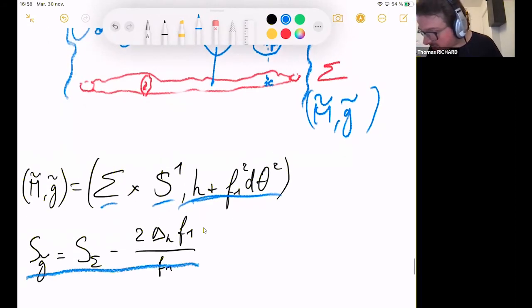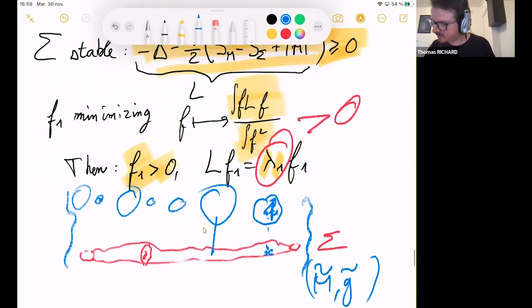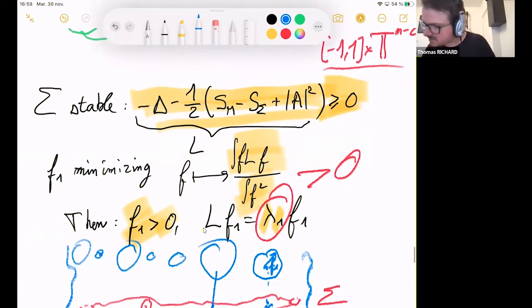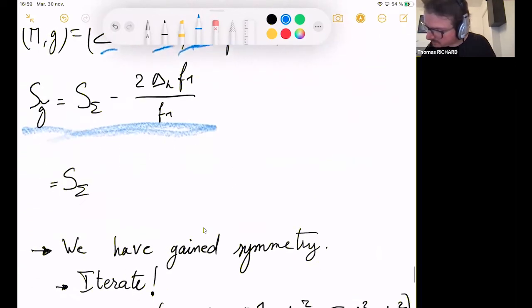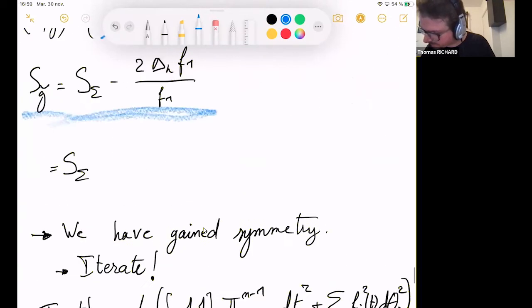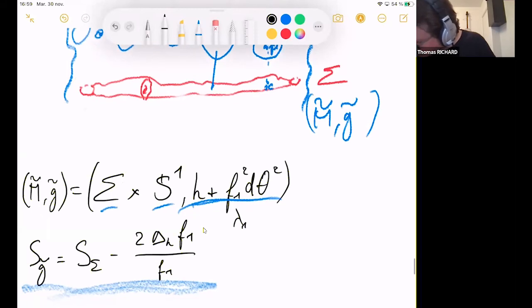And so by the observation we made, the scalar curvature of G twiddle is S sigma minus 2 Laplacian and so on. Let's try to take advantage of that. So what is L? Lambda 1 f1 is L f1.